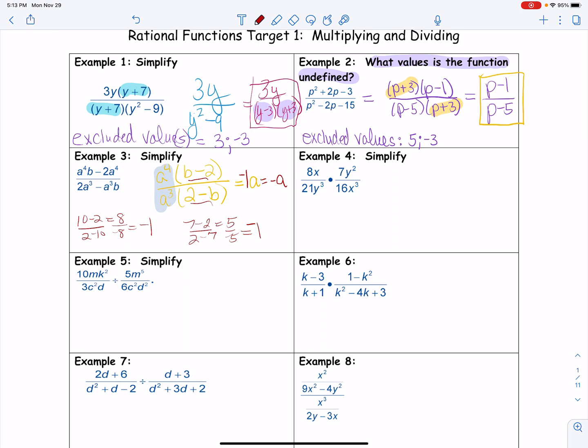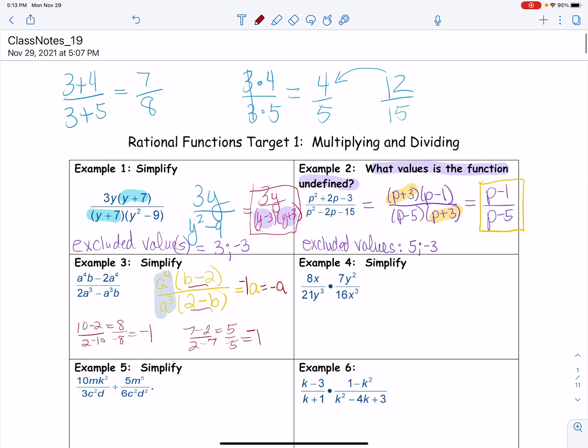All right, on the next questions, if I was doing fractions, if I had 2 thirds times 9 twelfths, I could multiply and get 18 over 36, and 18 over 36 reduces to 1/2.